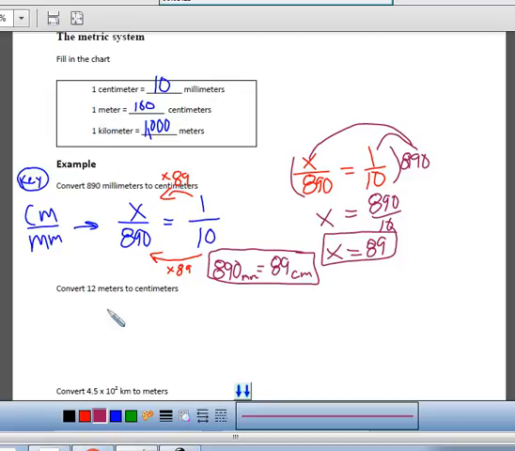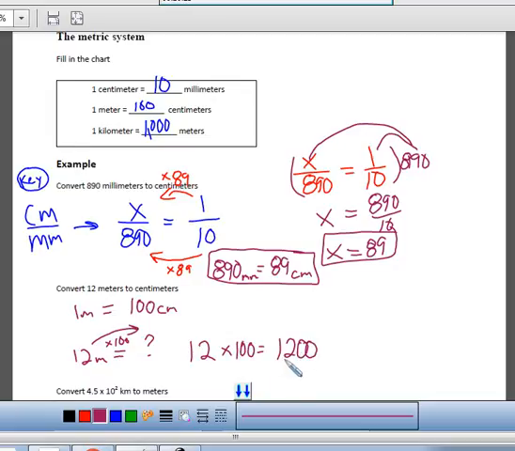What do I do if I've got 1 meter equals 100 centimeters? 12 meters is going to equal what? Well, what do I do to 1 to get 100? I multiply by 100. So what's 12 times 100? It's 1,200 for your answer.